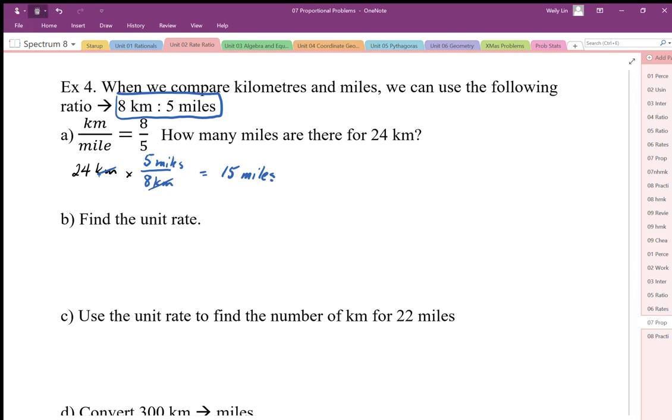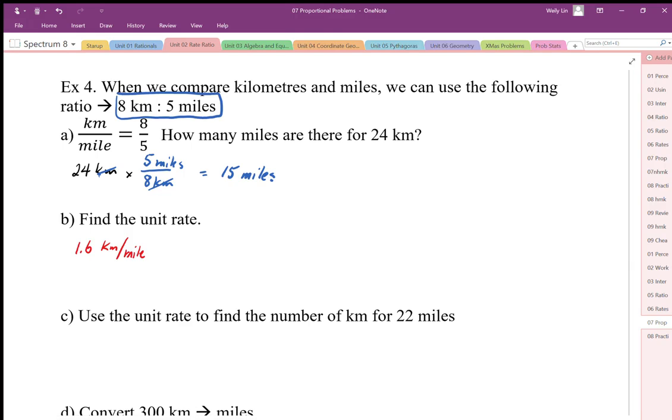Okay, unit rates. Unit rates are when we divide. So when I divide 8 divided by 5, I get 1.6, and the units are going to be kilometers per mile. I could also find the unit rate the other way. 5 divided by 8 is going to give us 0.625.